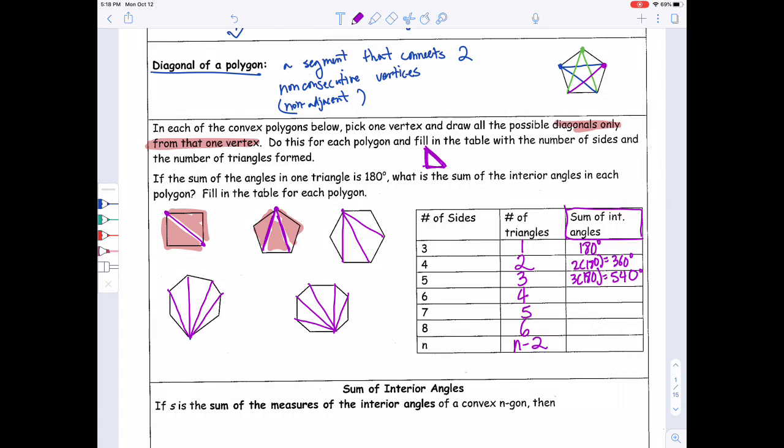So finding the number of triangles, I have 4 times 180 gets us 720. 5 times 180 will be 900. 6 times 180 gets us 1080 degrees.